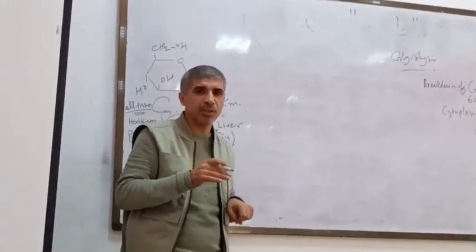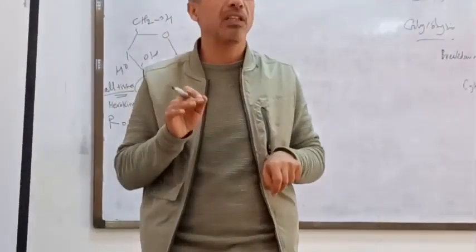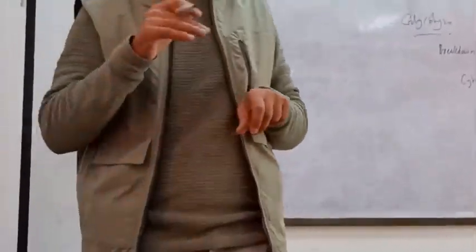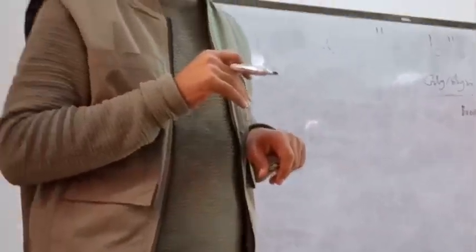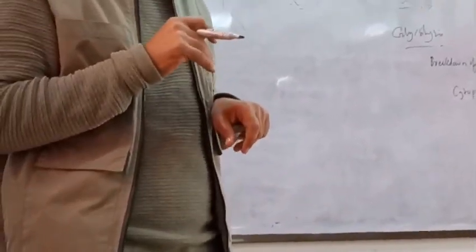Glucokinase is very important in decreasing the blood glucose level, even before insulin is released. Why?